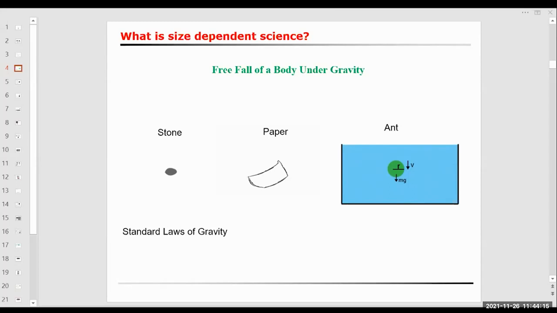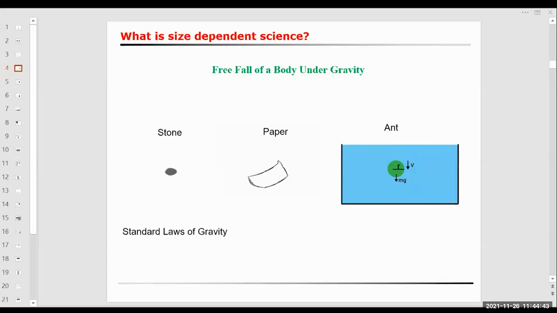Okay, if the paper had similar dimensions along the thickness direction as it has in the other two directions, then it is again a big object, a massive object, a macro object. Therefore we don't talk about buoyancy there. It is more or less like a stone. So this is the difference.